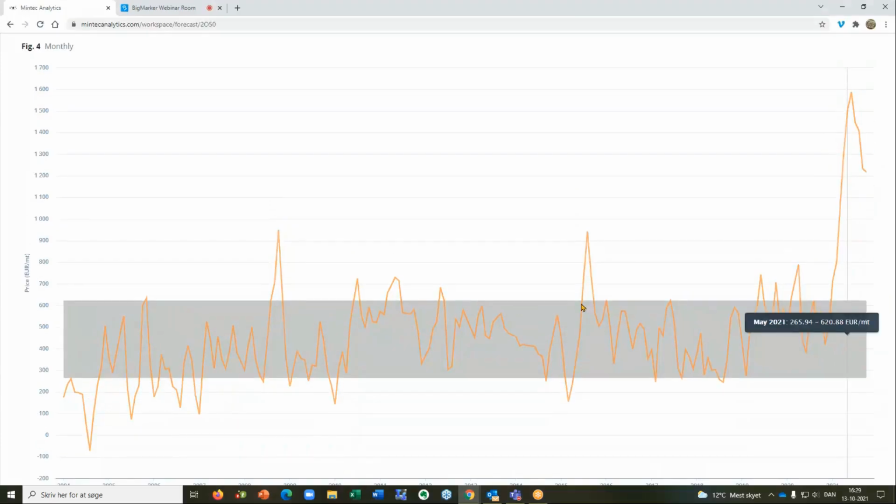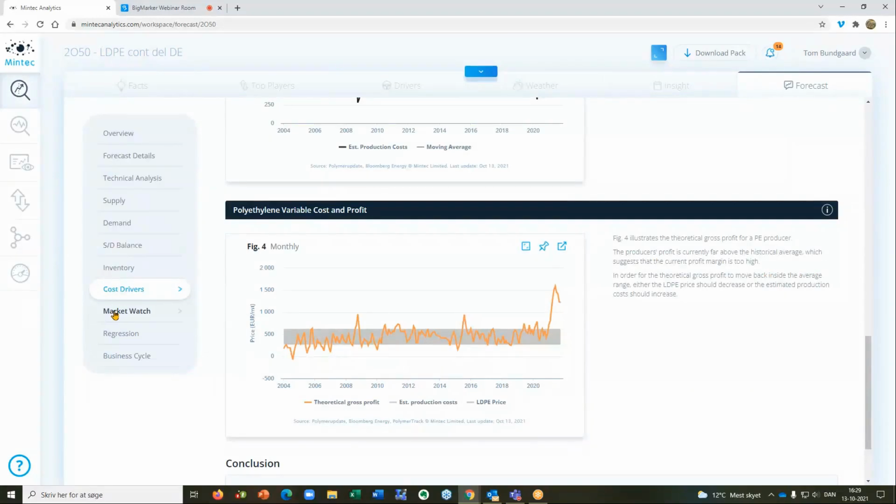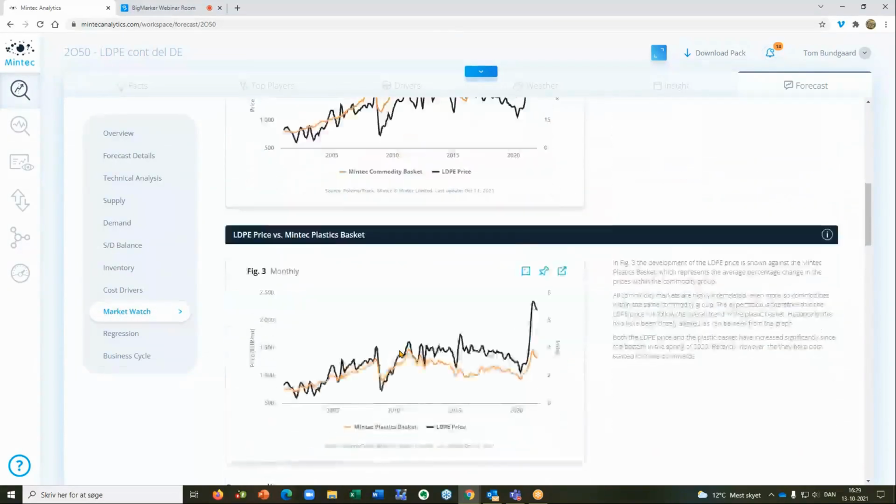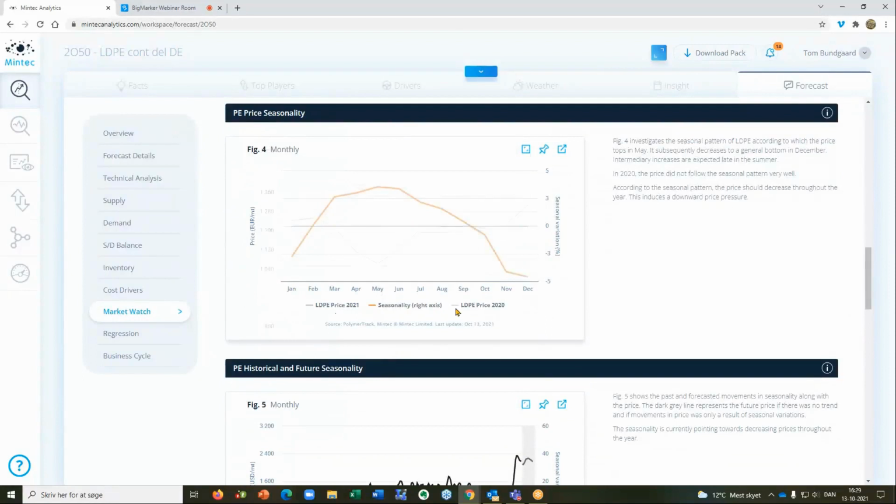But again, if you have a look at all the fundamentals together, let's have a quick look at the seasonality, for example, if I go to Market Watch. Typically, we see LDPE prices go down to December. We are expecting a Q4 low point. As a buyer, I would be happy if it goes down to December. I think there's a good chance it will stop already in November this year.